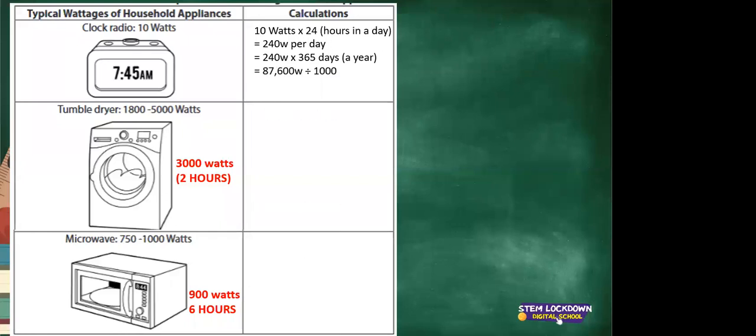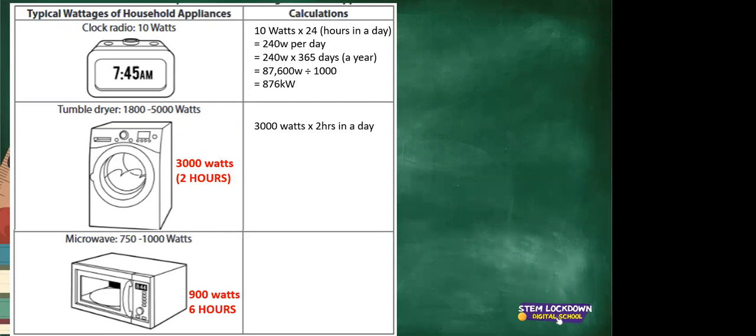When we times that, we get 87,600. Sorry about that. And we divide that by 1,000 to get your answer in kilowatts. So if you want to find out the appliance that is used in kilowatts, we need to divide it by 1,000.